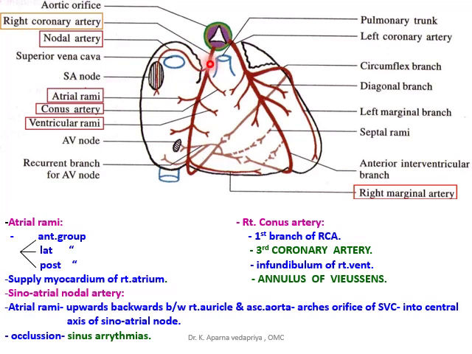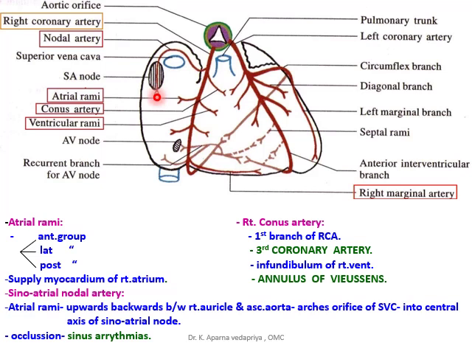So this nodal artery, as it arises, passes upwards and backwards between the right auricle and the ascending aorta, and then it arches over the superior vena cava and passes through the substance of the sinoatrial node.